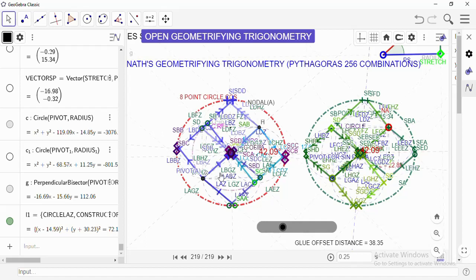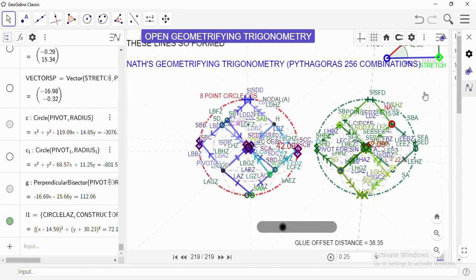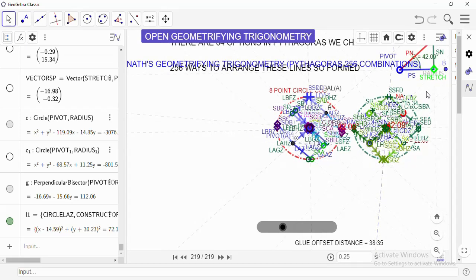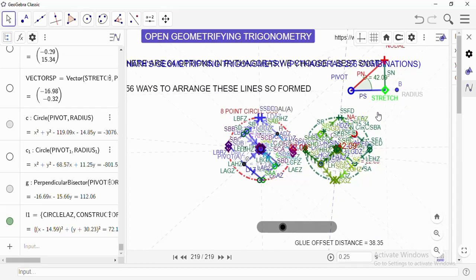Here you can see 16 line segments, 16 deep blue line segments, which are all made due to theta. These are all cos square theta line segments, and all line segments have a name in geometrifying trigonometry. All points have a particular naming convention in geometrifying trigonometry, so that we can understand which line segment cuts where, which line segment has what kind of behavior.